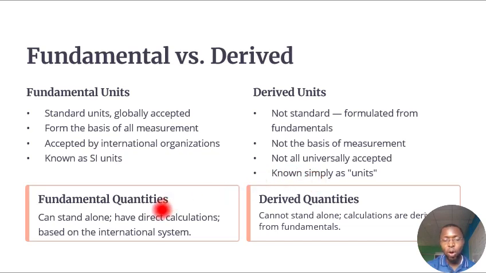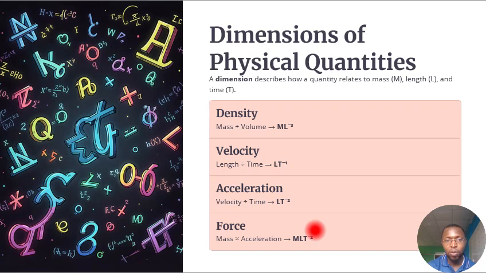So every difference you have in unit, you also have in quantity. Fundamental quantities can stand alone. They have direct calculations based on this SI unit. But derived quantities cannot stand alone. They have to depend on fundamental quantities. All right. So these are the major differences between fundamental quantities and derived quantities with their respective units.